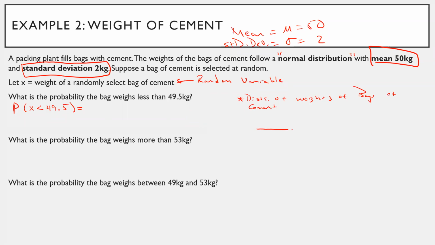It follows a normal distribution, which is centered at 50. And I want to be less than 49.5. Okay, so am I going to shade to the left or to the right?